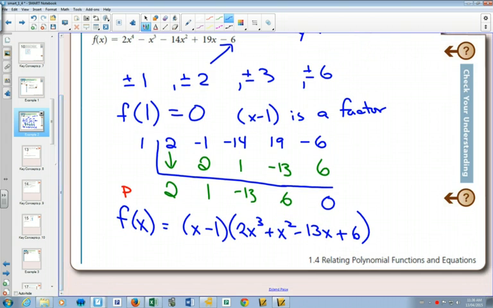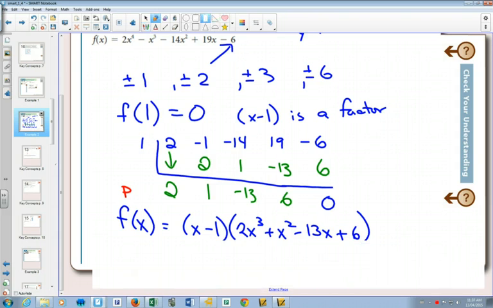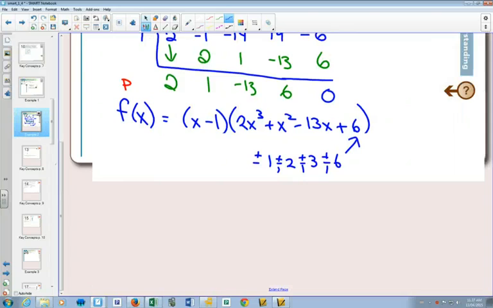Again, we're going to look at this 6, and we get 1, 2, 3, or 6, plus or minus. And we need to try and find one that makes that second one equal to 0. So chances are we'll start with 1. 2 plus 1 is 3, minus 13 is -10, plus 6 does not equal 0.